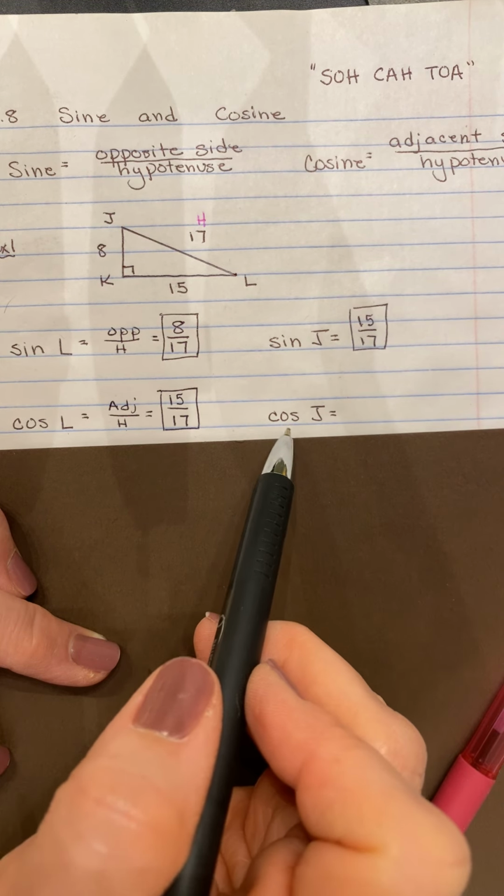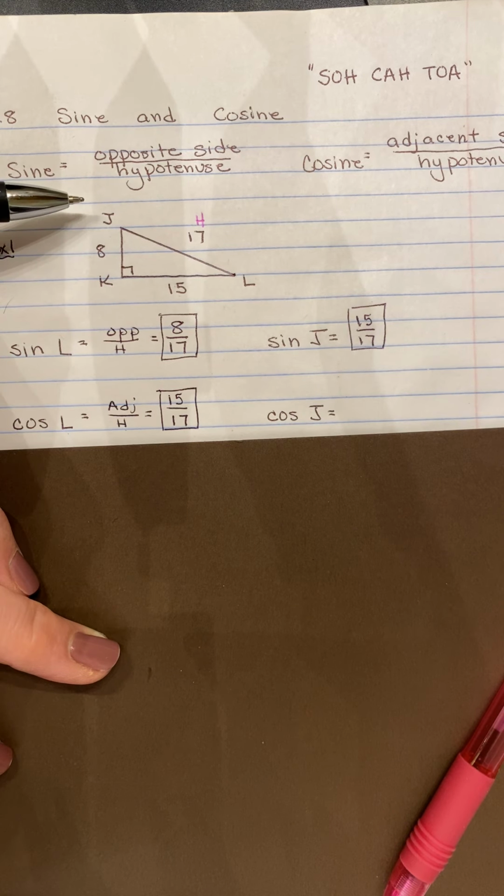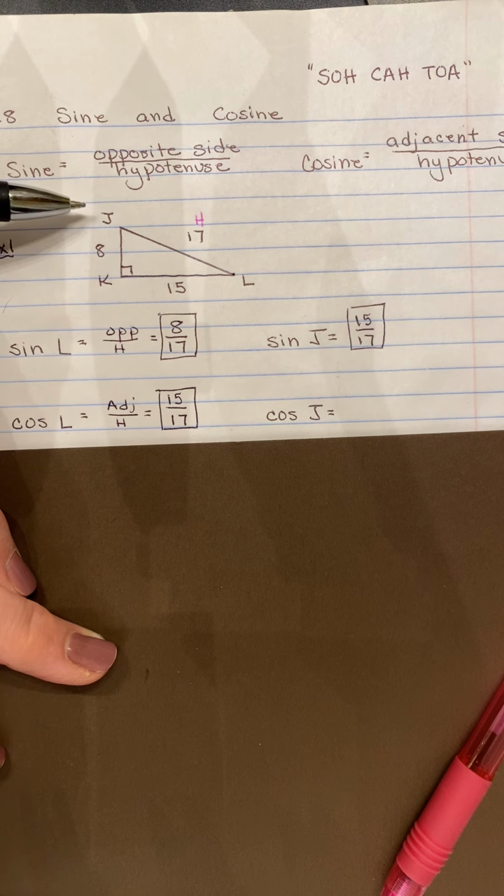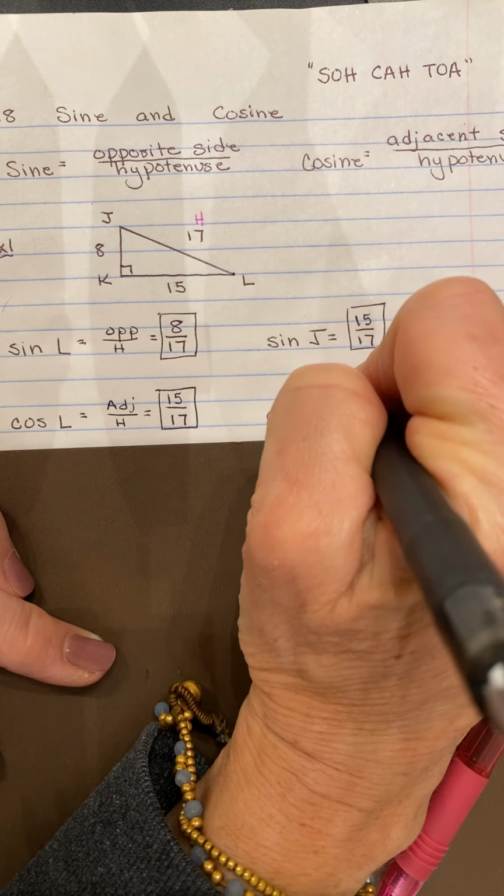And then the cosine of J, CAH, adjacent over hypotenuse. What's adjacent? That would be 8 over 17.